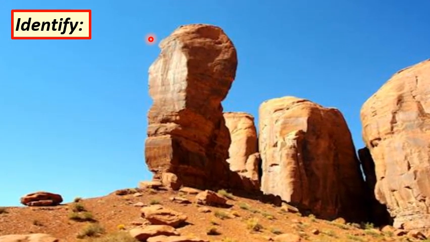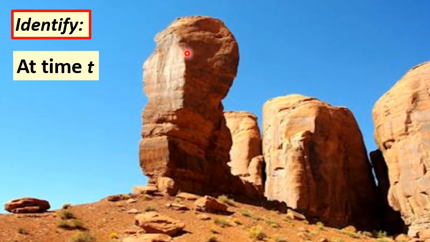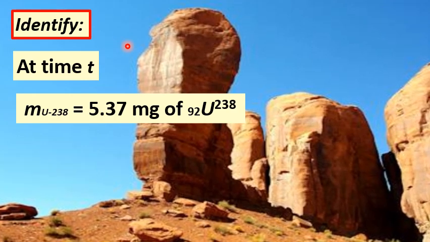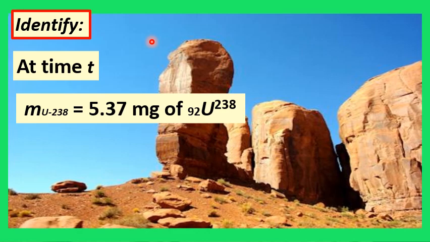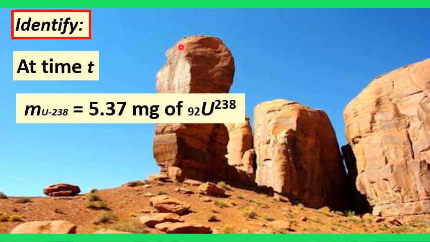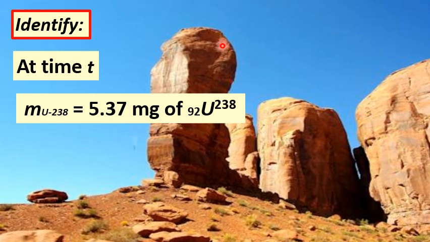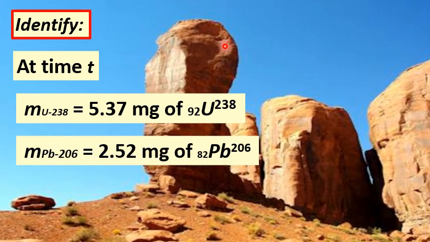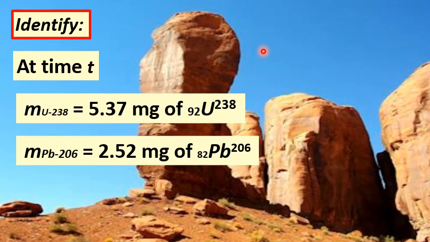For our given data, at time t, the uranium ore was found to contain 5.37 milligrams of the uranium-238 isotope and 2.52 milligrams of the isotope lead-206.